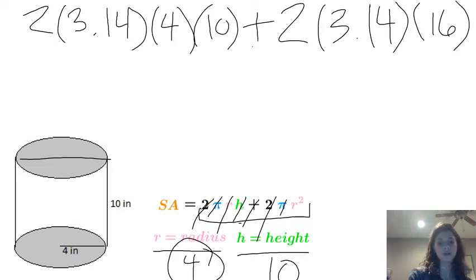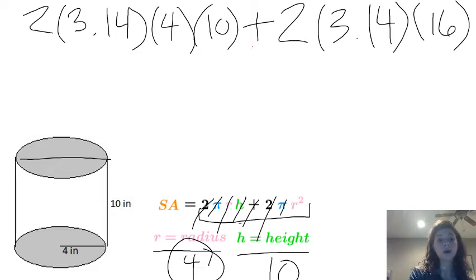Okay, so jumping back into the problem, now we have 2 times 3.14 times 4 times 10. Does it matter which order we multiply in? That commutative property, right, we can switch the multiplication around, and I would do that. It's going to make it a lot easier, and we won't have to write out the multiplication for every single one.